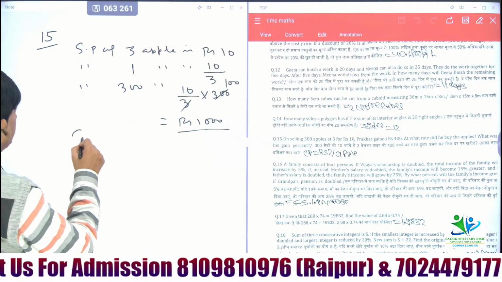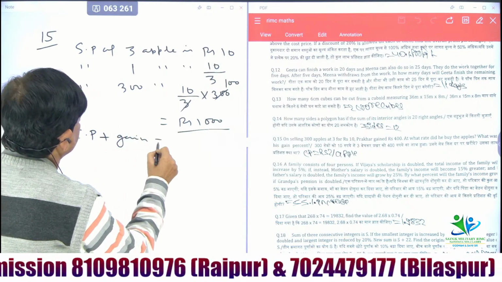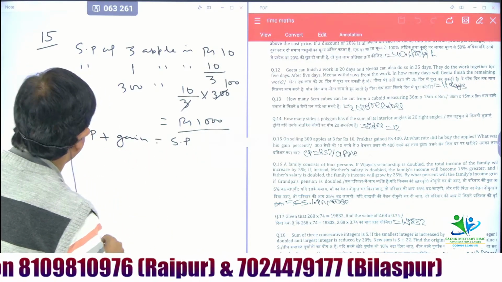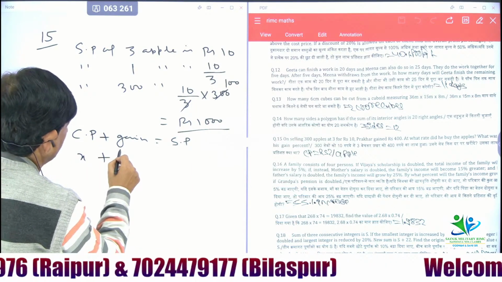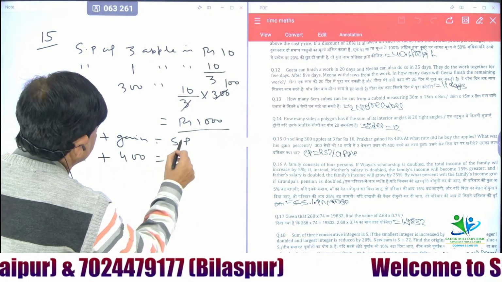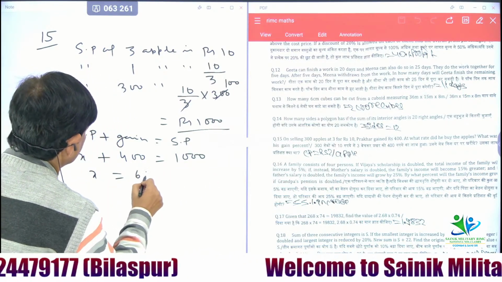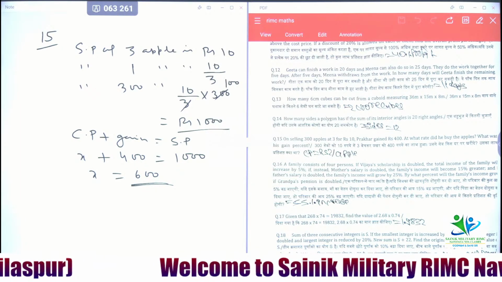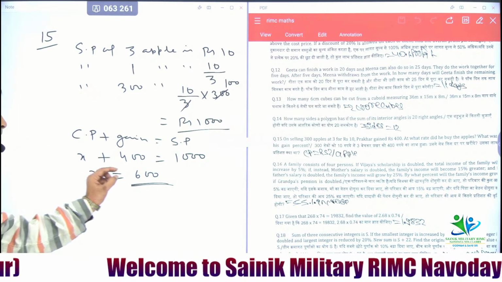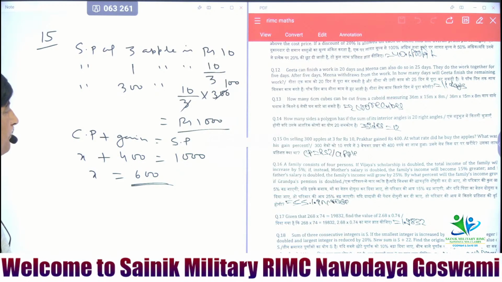Now CP plus gain is equal to SP. सीपी आपको फाइंड करना है, गेन यहाँ पर गिवन है 400 और एसपी आपने निकाल लिया 1000, and from here x is equal to 600. That means the cost price of 300 apple is 600.